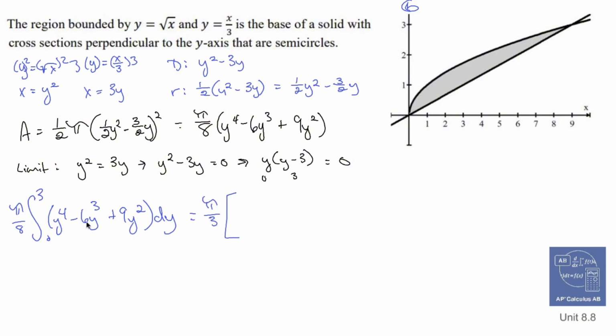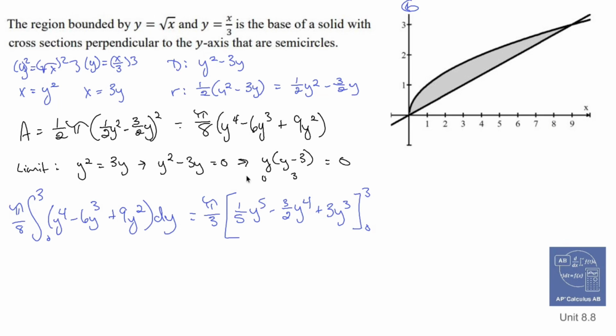You become 1/5 y to the 5th. You become negative 6 over 4, so negative 3 over 2 y to the 4th. And you become 1/3 times 9, so regular 3y cubed. And my limits are 0 and 3.